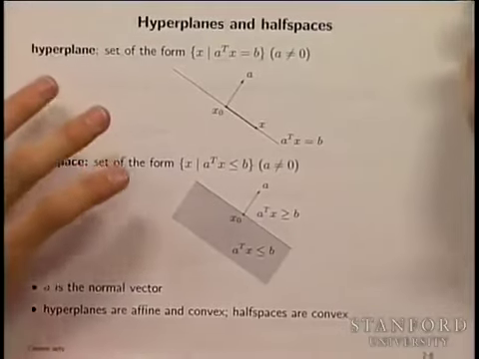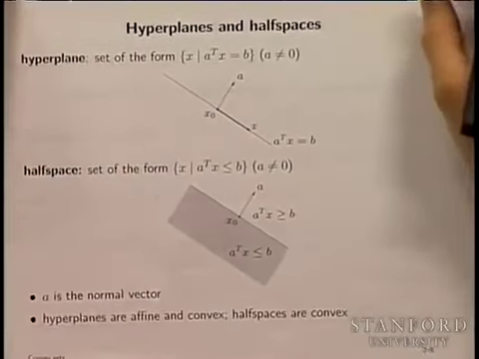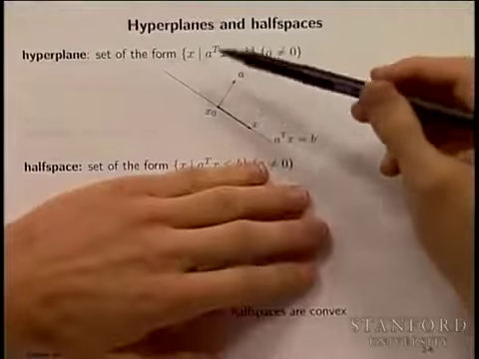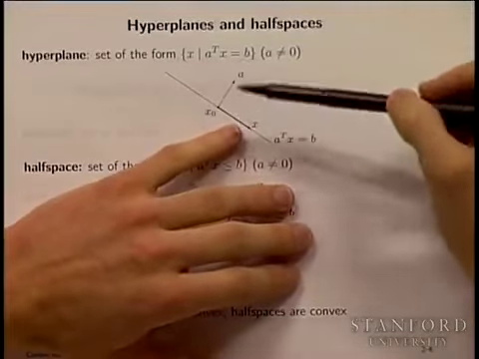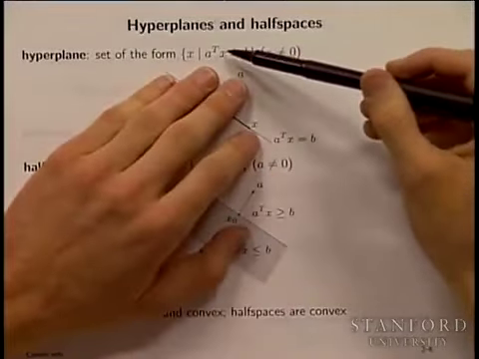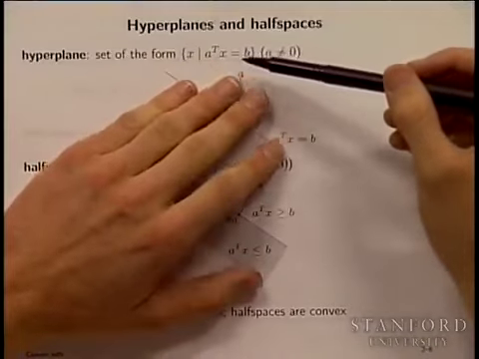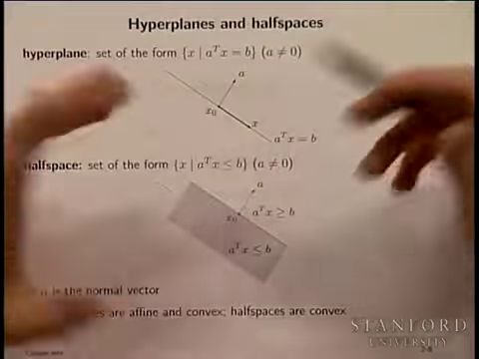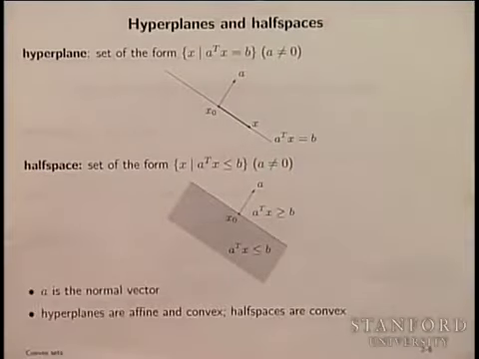Now we have a look at hyperplanes and half spaces. Hopefully you've seen these many times before. We start off with a definition. A hyperplane is a set where A transpose X is equal to some constant B, and A is non-zero, because otherwise we could have any point in a whole set.